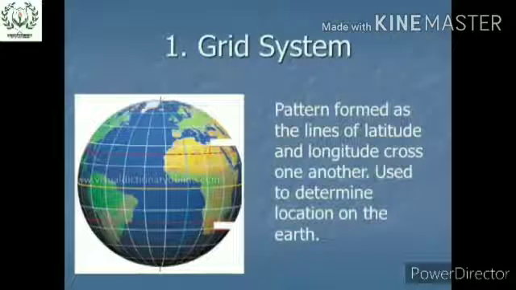The latitudes and the longitudes intersect each other and form squares called grids. This network of grids is known as the grid system. Pattern formed as lines of latitude and longitude cross one another is used to determine the location on the earth.